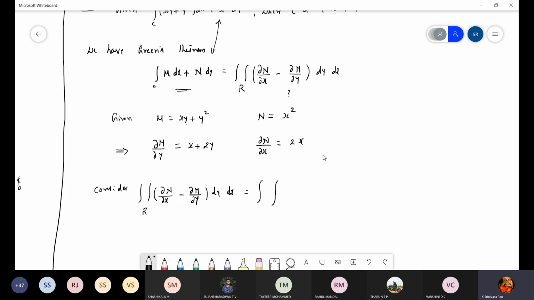Leave some space here, I will tell you why. Dou n by dou x is 2x, minus dou m by dou y, which is x plus 2y. There are two terms with negative, therefore I will use the bracket, and complete this with dy dx. Always dy dx.